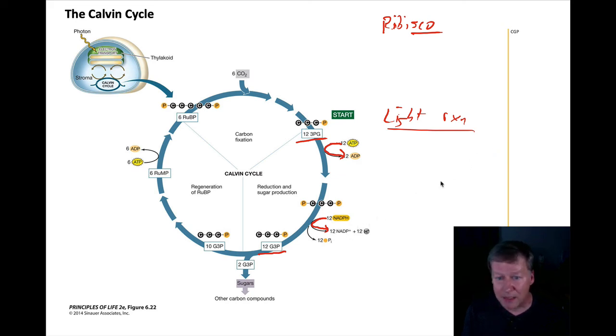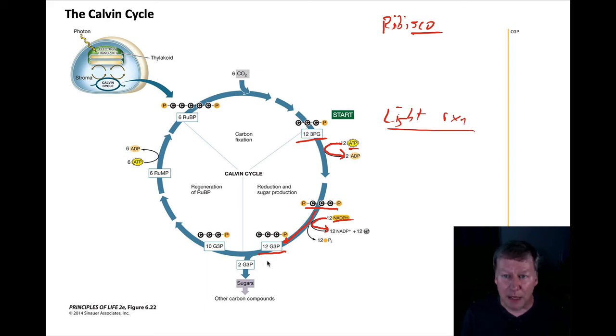Again, it's going to go back to the light reaction. It can be used again. But the electrons are going to be passed over to this molecule, providing energy to it. And in the end, we're going to end up with 12 G3P molecules that have a different energy profile. They actually contain more energy than our original 3PG molecules did. So the light reaction provided the energy in the form of ATP and NADPH to make 3PG into G3P molecules.